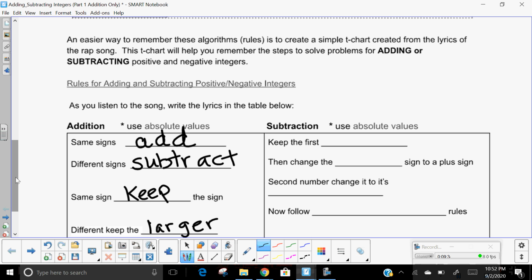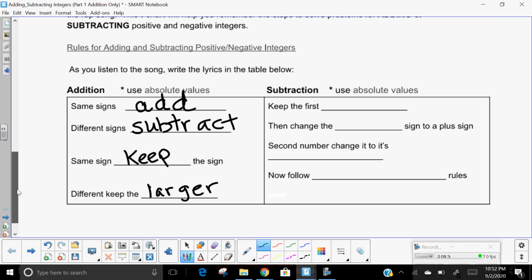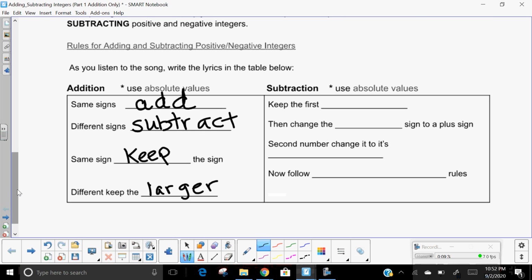Okay, and you should remember those lyrics from last year. So if we want to look at subtraction from the song, it says keep the first number, then change the minus sign to a plus sign.